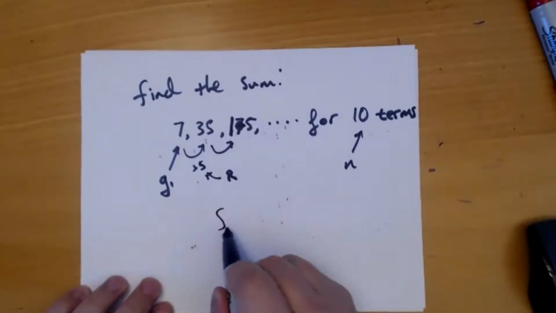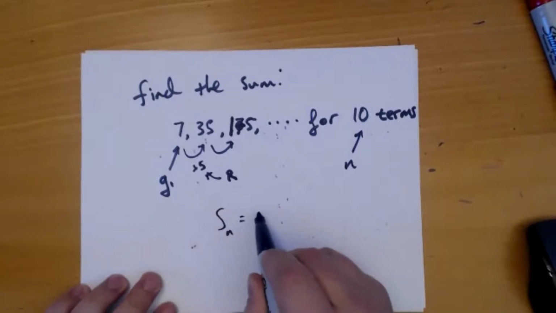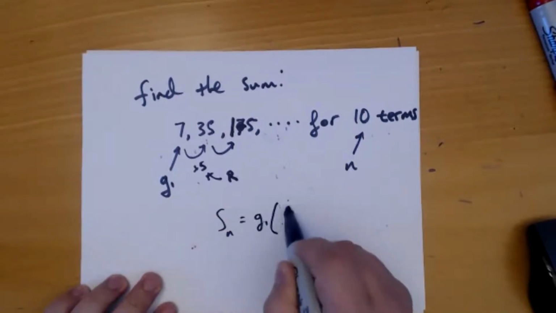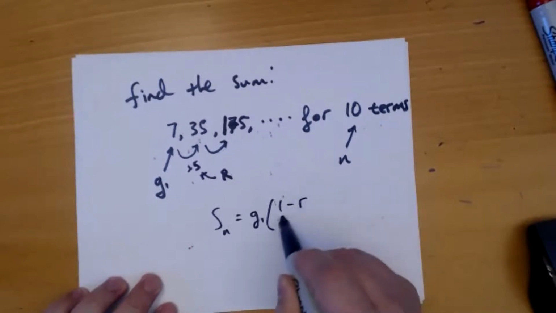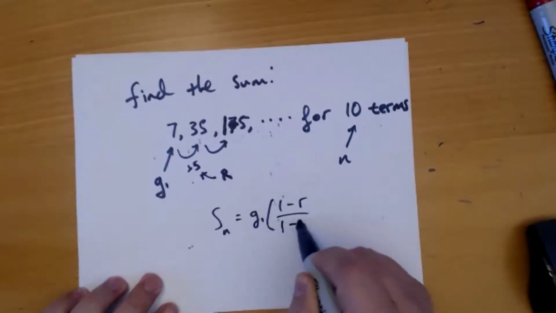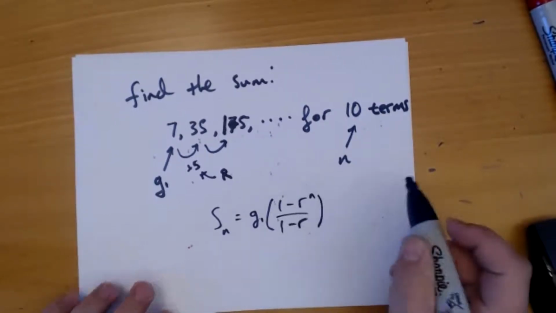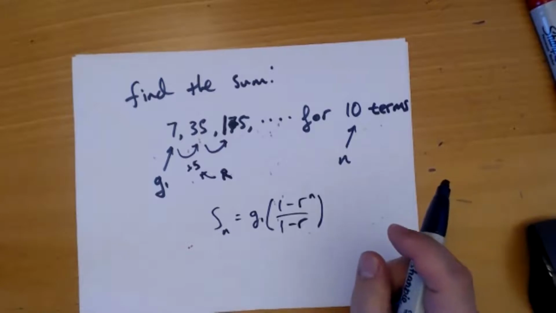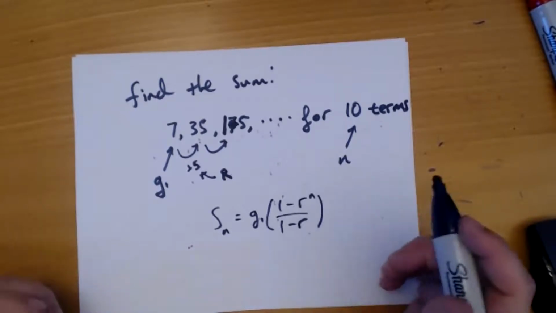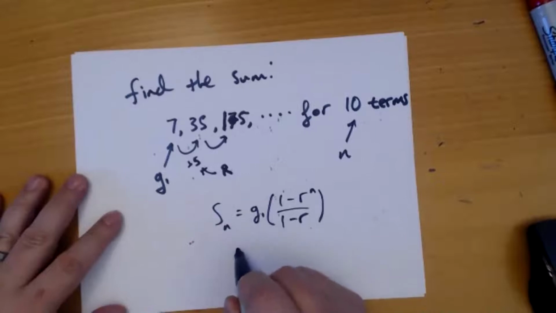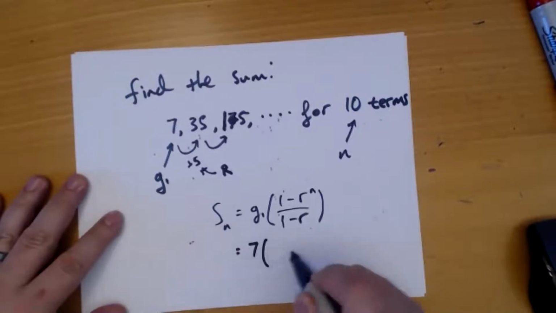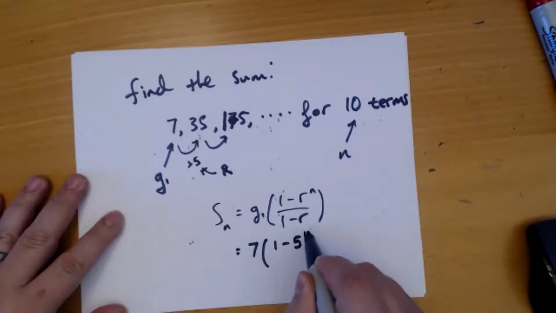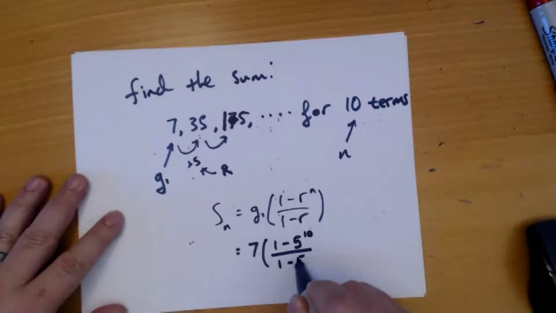So the sum is equal to G1 times (1 minus R to the nth) over (1 minus R). Okay, so now let's burn through it. 7 times (1 minus 5 to the 10th) over (1 minus 5).